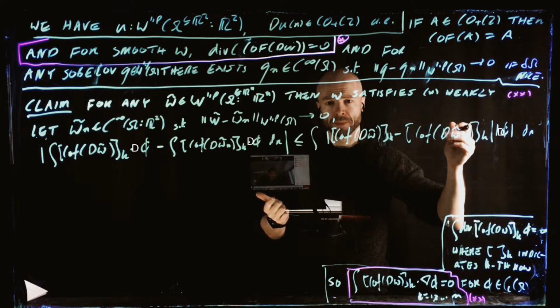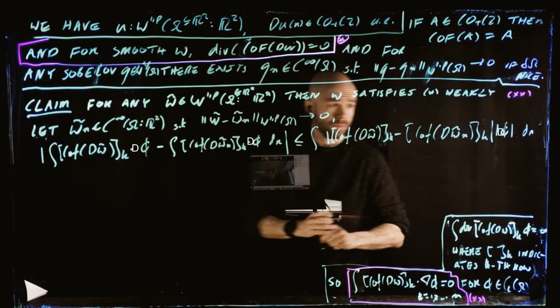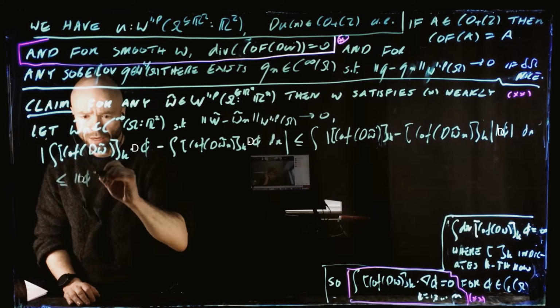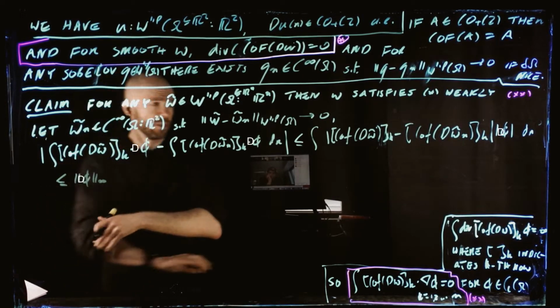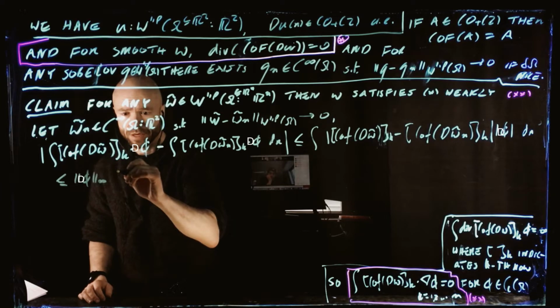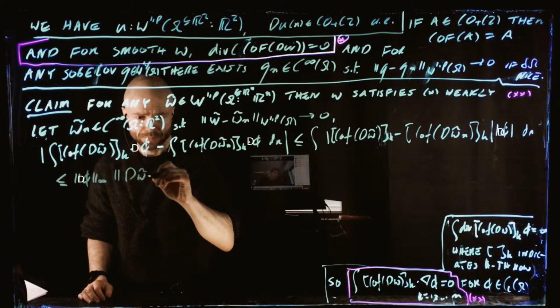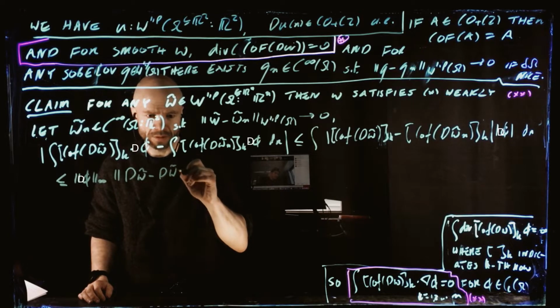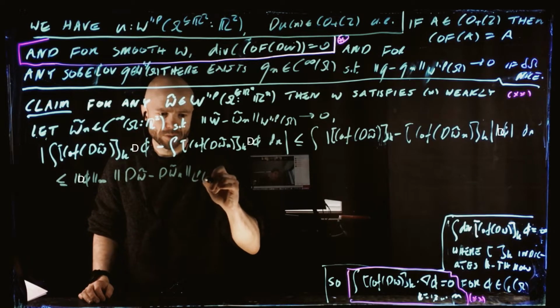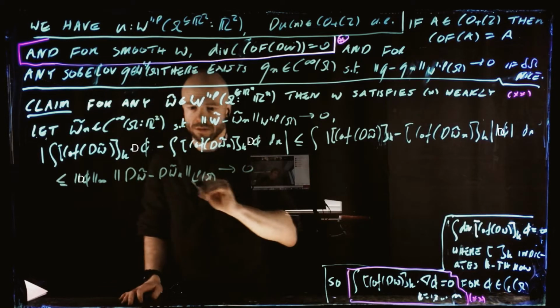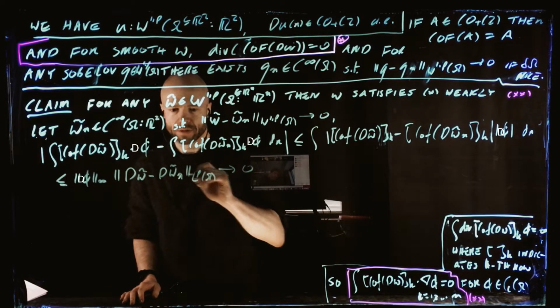So this is less than the sup norm of this, to make life super easy, and then the distance between this and its approximating sequence in L^p of omega, and this thing goes to 0 as n goes to infinity.